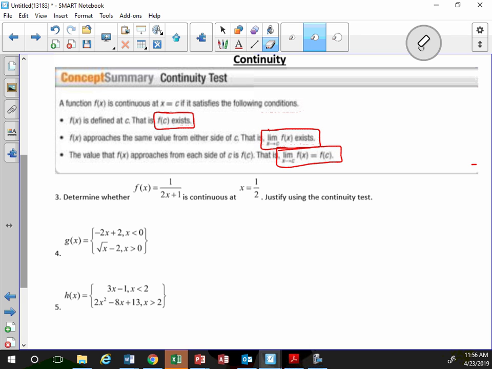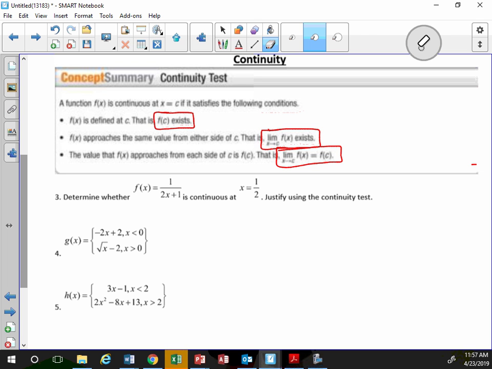The first, you would be telling me about the function value at c, that it exists, or you can tell me what it is. You can say like f of 2 equals 5. That's step 1. Second step is telling me about the limit at that x value, which you now know how to evaluate. And then the third thing is if the function value and the limit equal the same thing, then it's a continuous function.